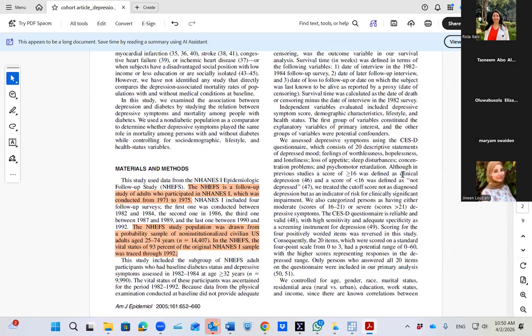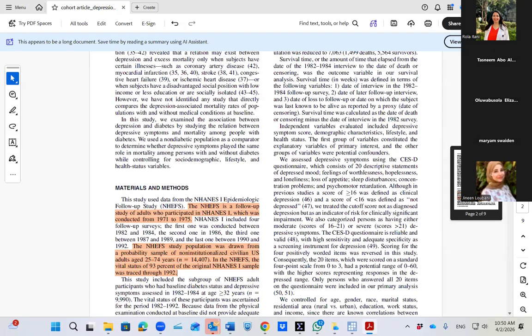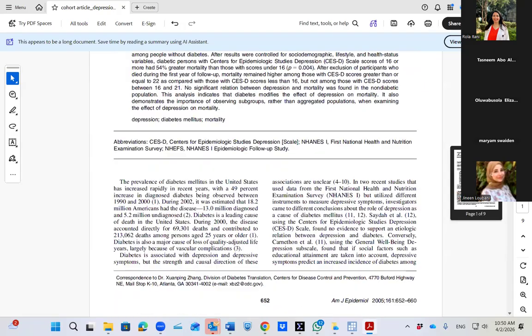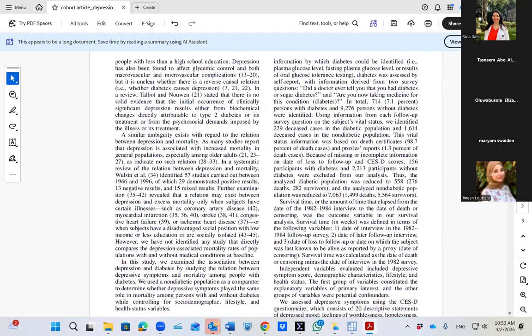When we have this kind of information, it's always good to have a flow chart: what was the total, how many have diabetes, how many don't, and how many have information on depression. These are very important to highlight and keep in mind when you read an article. So put notes on it.